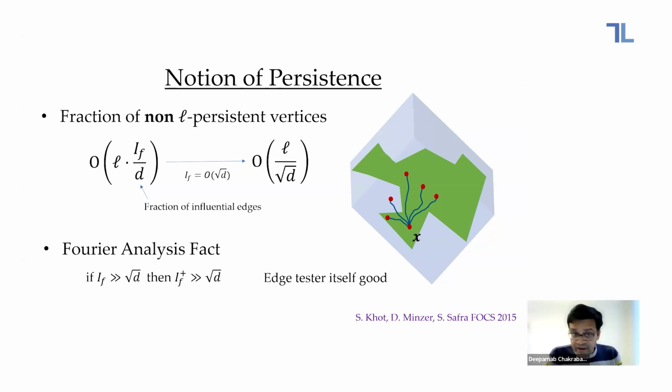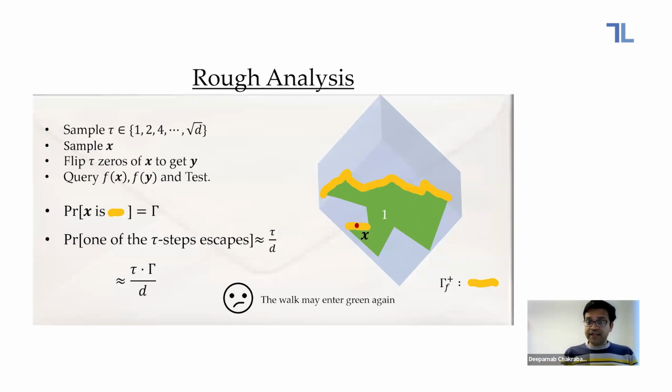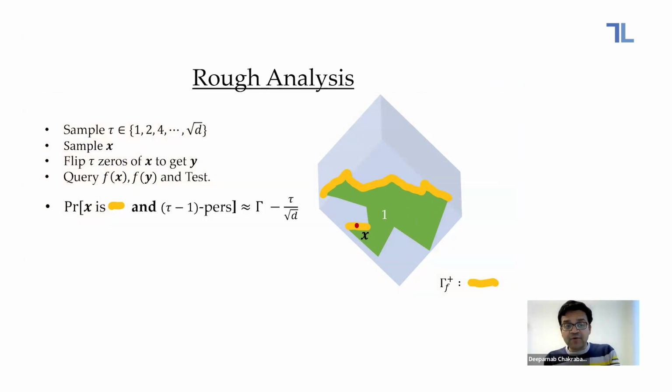Okay, so now what was the worry? The worry was that X was not persistent. I want it to be persistent. Once I get to a violation, I want it to stick. So this is the probability that X is in the boundary and not persistent.